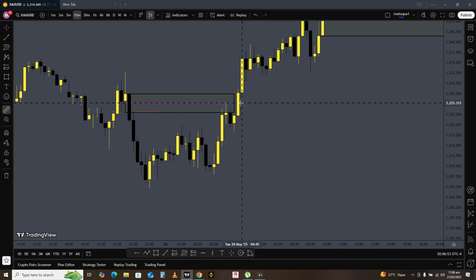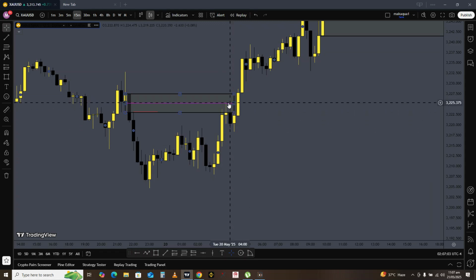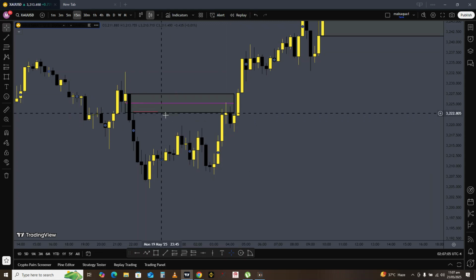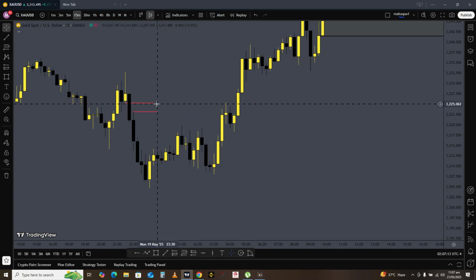Let me see how many pips it is. It is way more than 50 pips. It's a proper scalp trade. So that's why you need to get on with the institutional fair value gaps other than the general fair value gap concept.